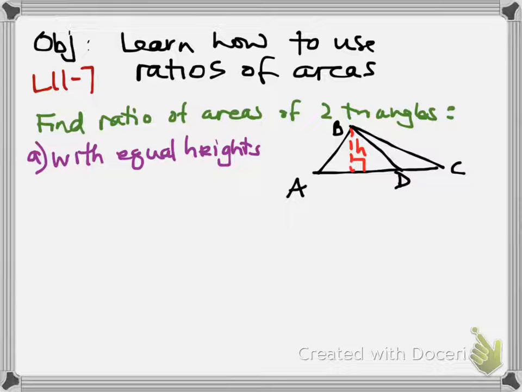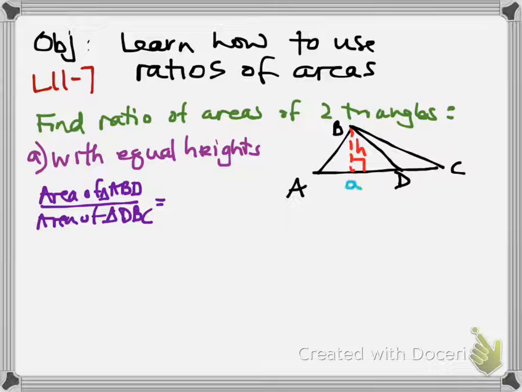So what I want to know is the area of triangle ABD to the area of triangle DBC. Okay. And what we're going to do is for each one of them, we're going to give them their own base. So ABD, we'll call its base little a, and DBC, we'll call its base little b.